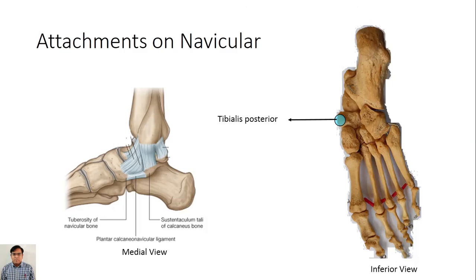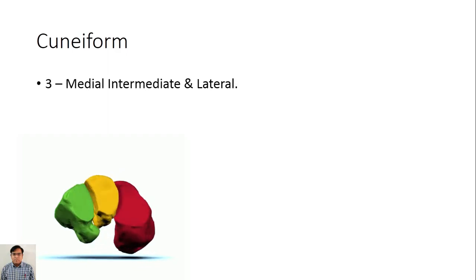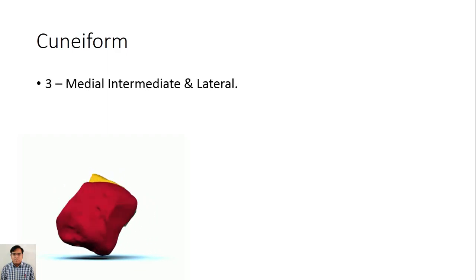Another attachment is the spring ligament or plantar calcaneonavicular ligament, and superiorly there is attachment of the suspensory ligament, the deltoid ligament. Now, the cuneiforms: there are 3 cuneiforms, medial, intermediate and lateral.